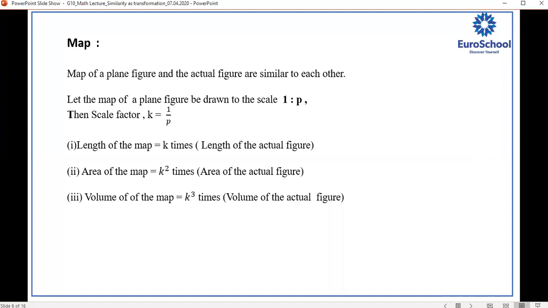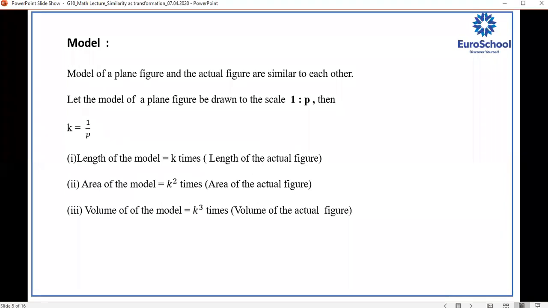Ma'am, why is the model always smaller than the actual figure? See, model means a representation. When we create a model, we need to understand the figure. Sometimes we are enlarging it, right?